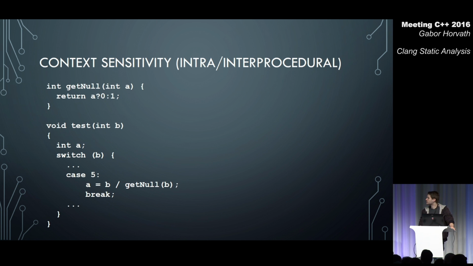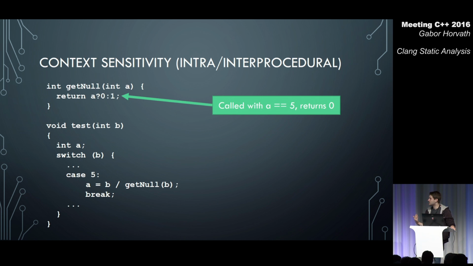It is also interesting to talk about context sensitivity when we talk about interprocedural analysis. So when our analysis can reason about the code across function calls, then we might be interested in whether the analysis can evaluate the function with respect to the calling context.